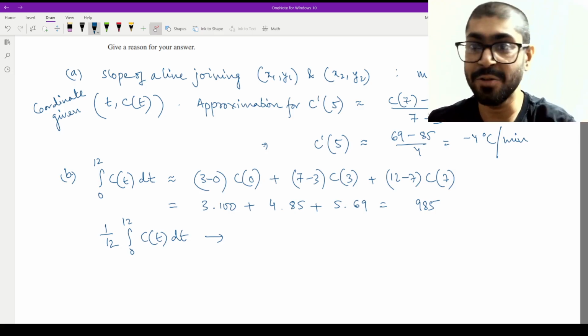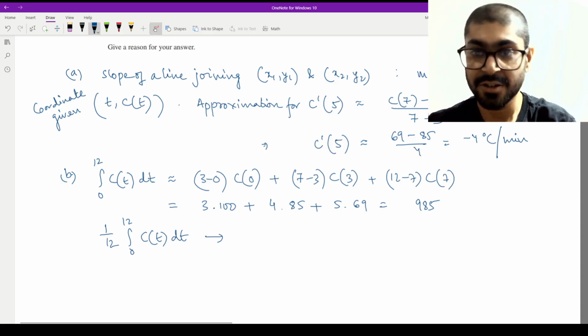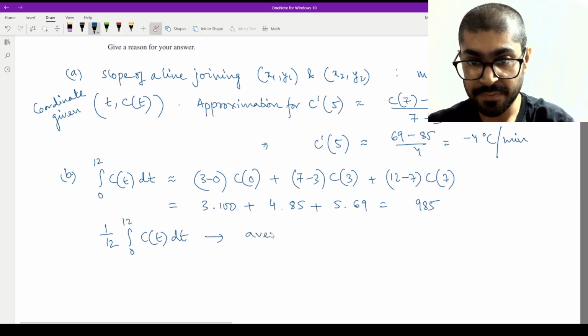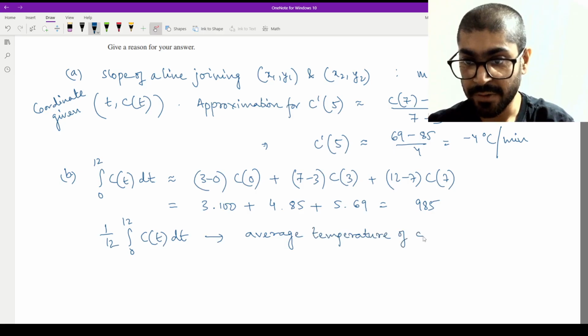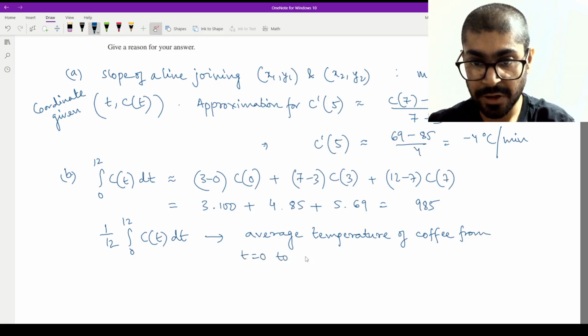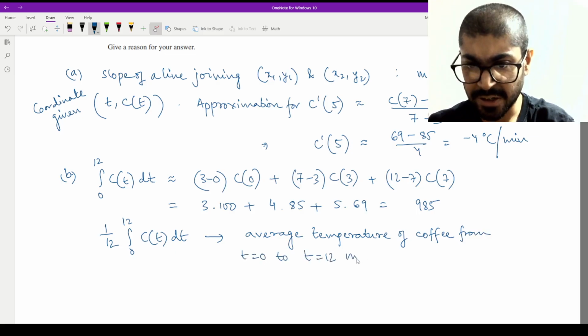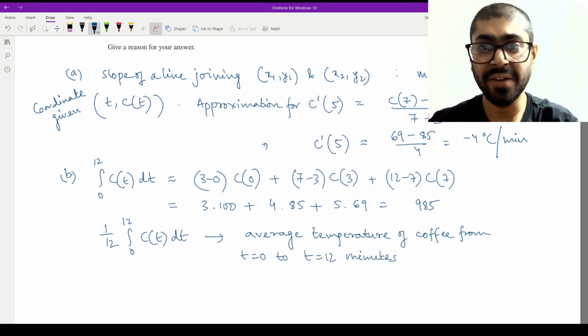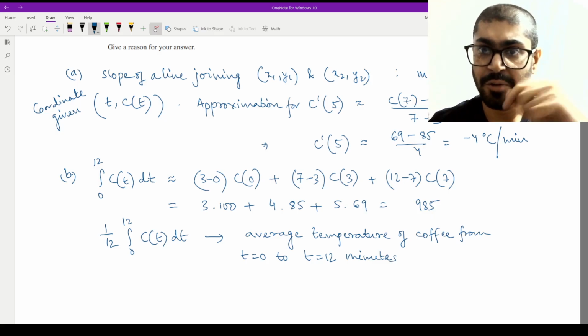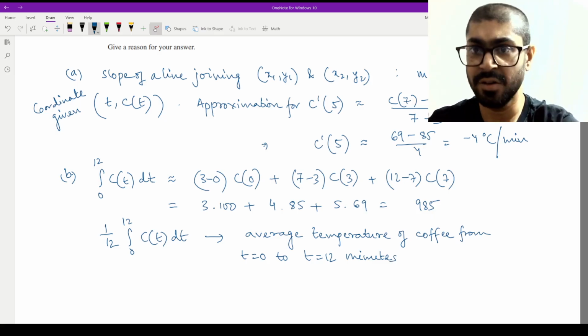If we divide it by 12, we'll get the average temperature of the coffee, in minutes, not seconds. So at any point of time, the average temperature will be given by 1 by 12 integral 0 to 12 of C(t) dt. You can put the function, integrate and get your desired result.